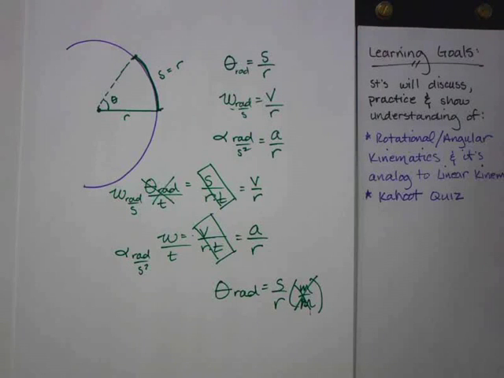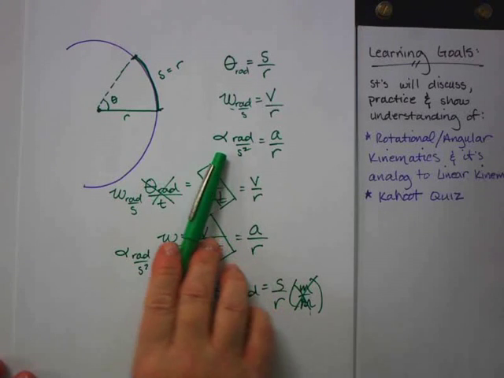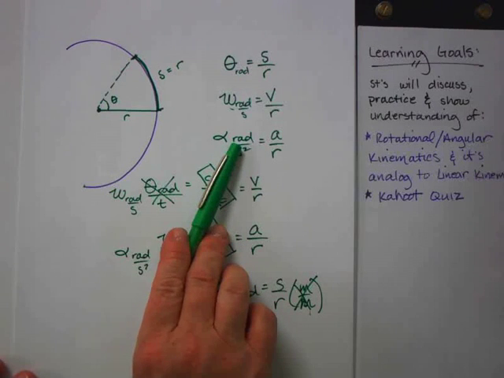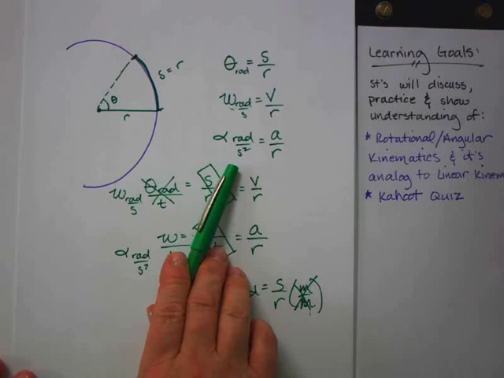Or if everything cancels and you have nothing per second squared, what do you probably have? Alpha. Radians is a ratio, no units, per second squared.